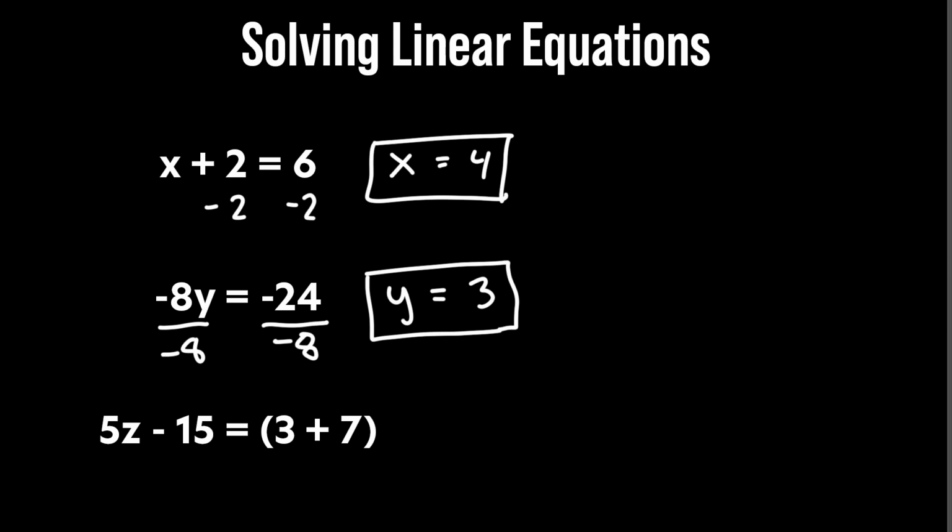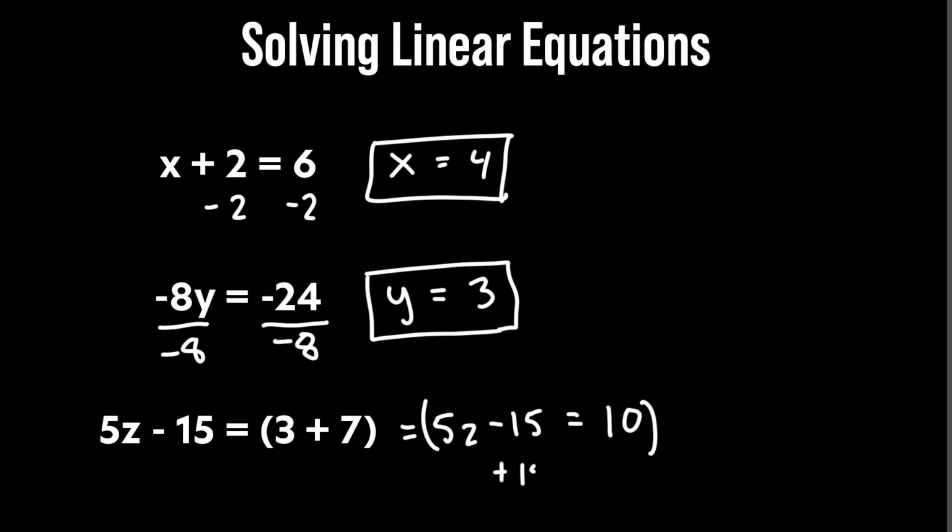Now let's try this last one here. First, let's simplify the right-hand side because there's a parentheses. So this is equal to 5z minus 15 is equal to 3 plus 7, which is 10. So this is our equation here. And we can add 15 to both sides.